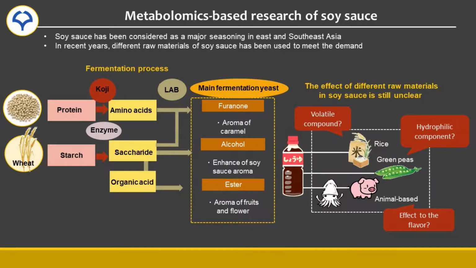Besides food, Fukusaki Laboratory also conducted analysis of food condiments such as soy sauce. Soy sauce is considered a major seasoning in Asia, and development of different soy sauces from various raw materials has been conducted. However, the effect of these different materials in soy sauce is still unclear.